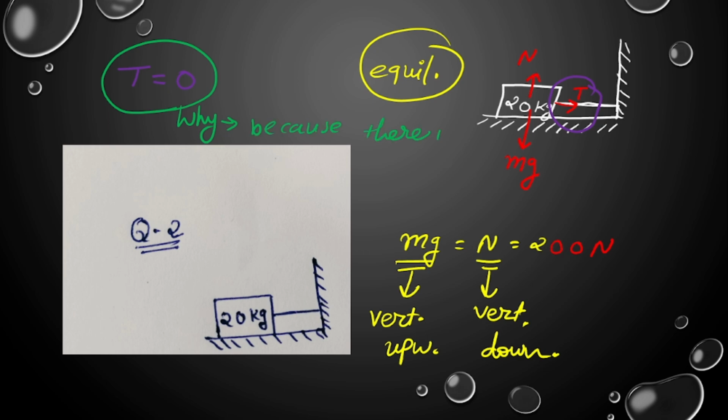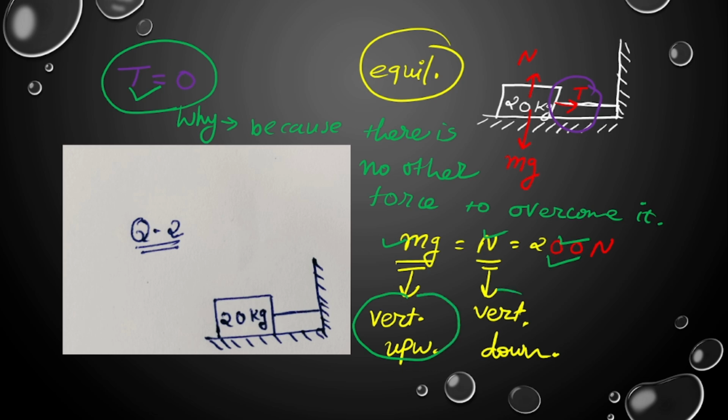So the tension is 0. Mg is 200 Newton. Normal is 200 Newton. Mg is vertically downward and the normal force is vertically upward.